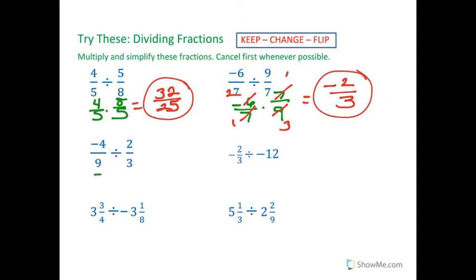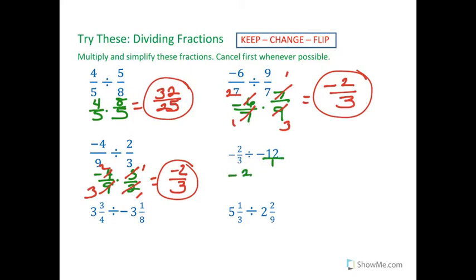All right, keep, change, flip, and cancel. And I end up with -2/3. Again, this is the same thing as over 1.